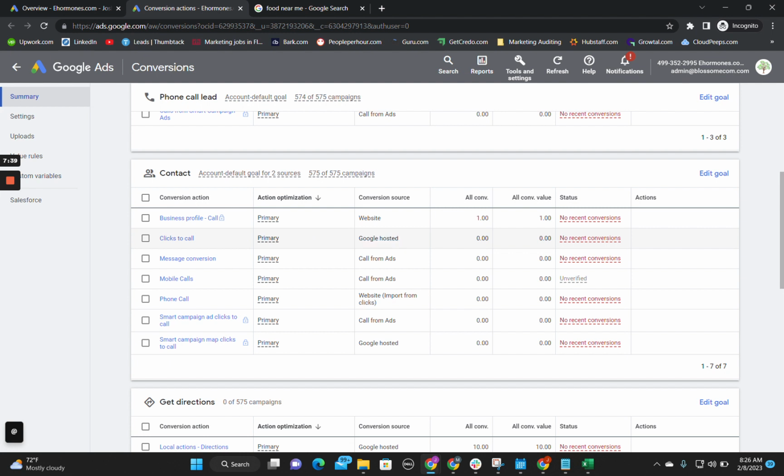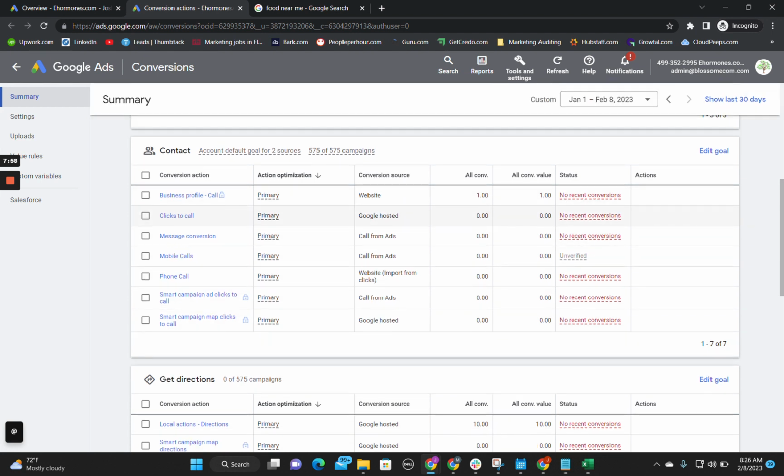You really got to go out of your way to mess this one up. You don't have to set it up, but I'm just saying if you see this here, about 99.99% of the time it says conversion source, Google hosted, it's 99% of the time correct. All these other ones, there probably is an overlap considering that they had one call here and none here. Also smart campaigns as well. These are locked, more than likely working.